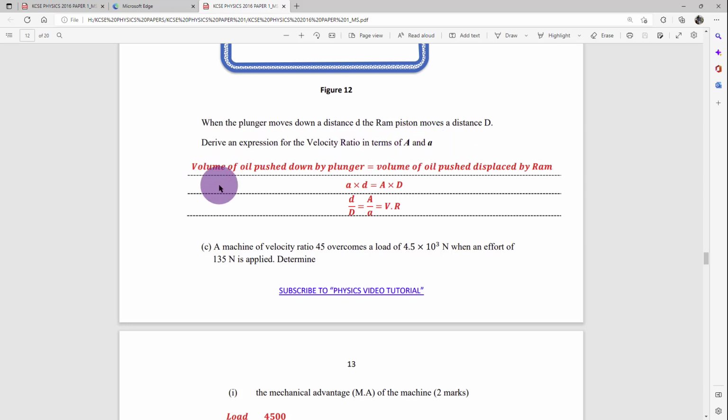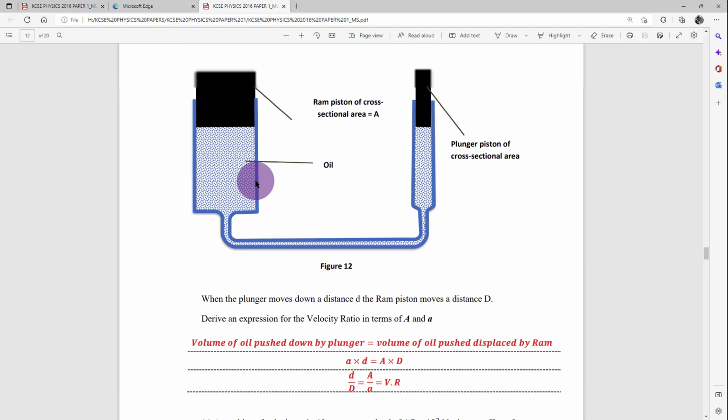This one is obtained by realizing that if this one moves through a distance small d like that, this one will move up through a distance capital D. What is the same on this side and this side is that the pressure here is the same as the pressure here according to Pascal's principle.